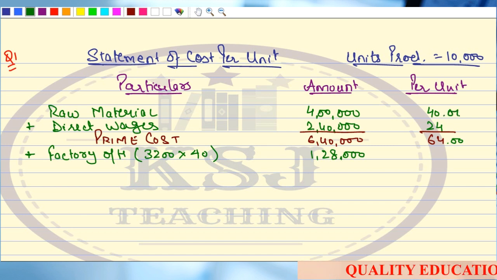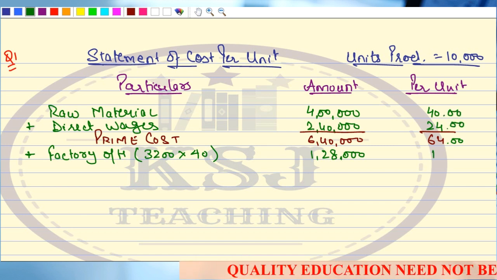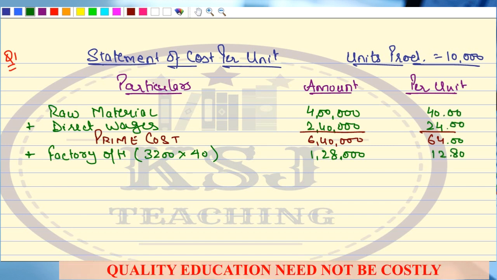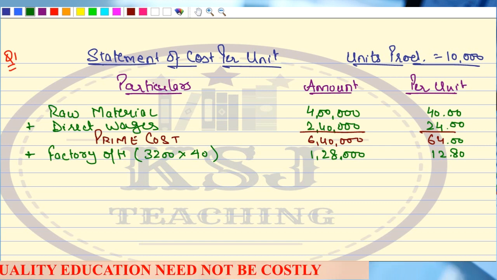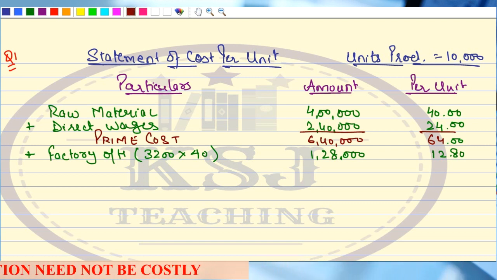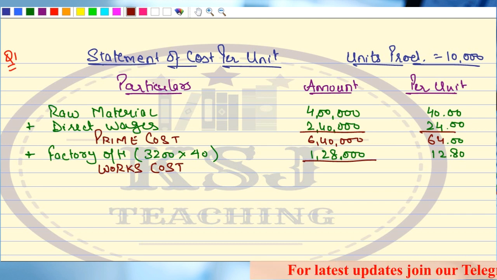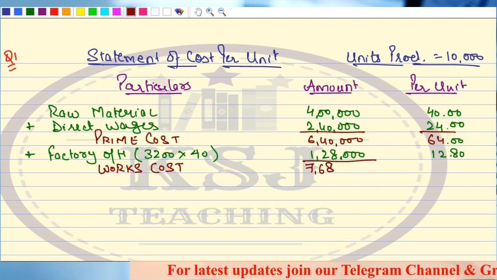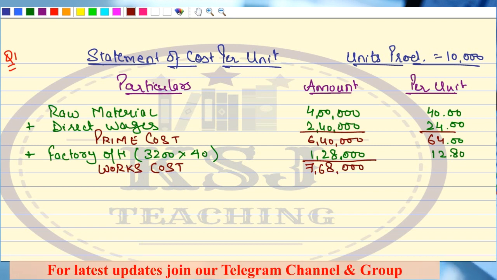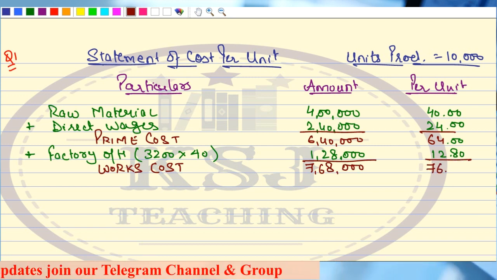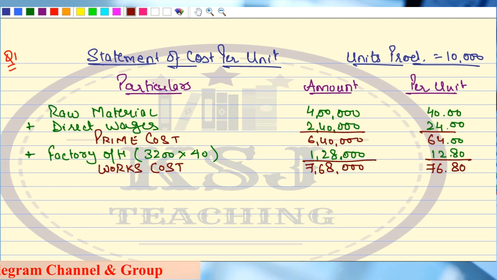I will put zeros here because now the cost is going to be in points, 12.80. From here what you will get is factory cost, or what we call works cost. Works cost is going to be 7,68,000, and here it is 76.80. Any doubts up till this point?